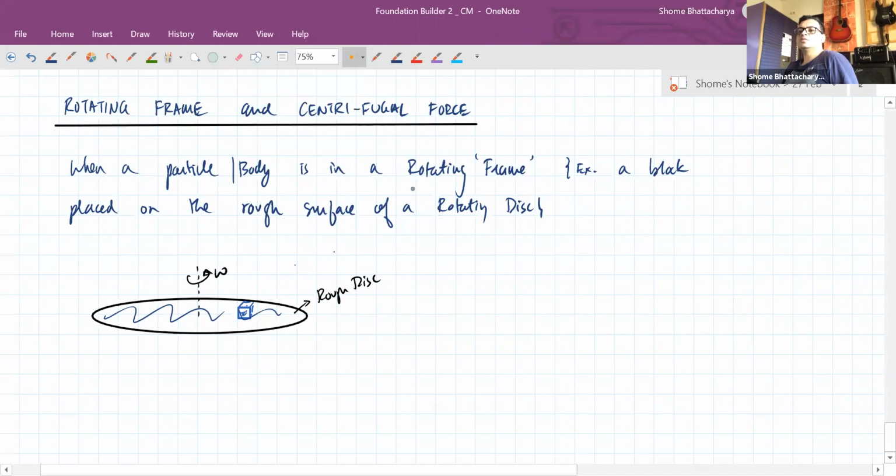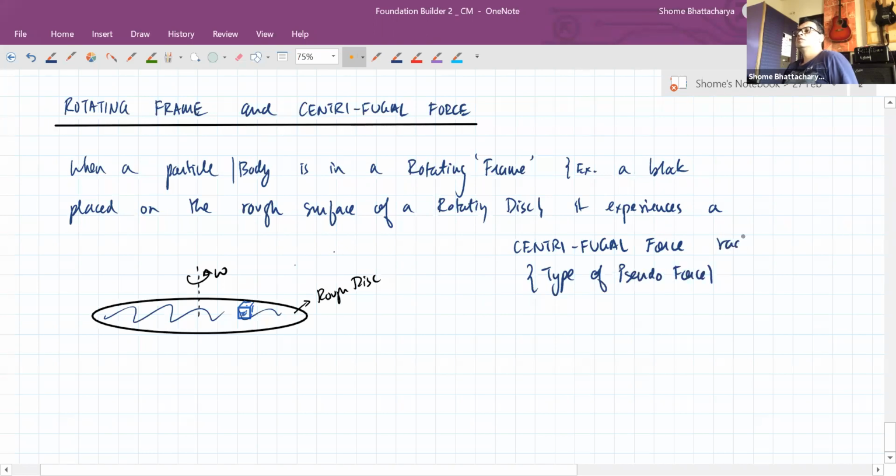So when a particle or a body is placed on a rotating frame, it experiences a centrifugal force, which is a type of pseudo force, radially outwards with respect to the axis of rotation of the frame.